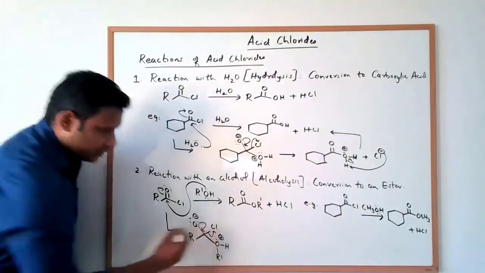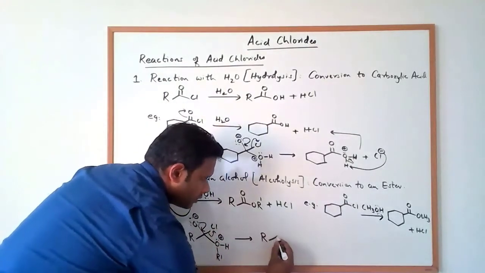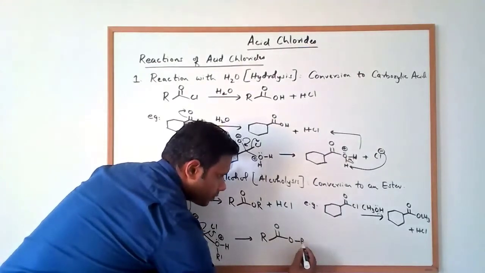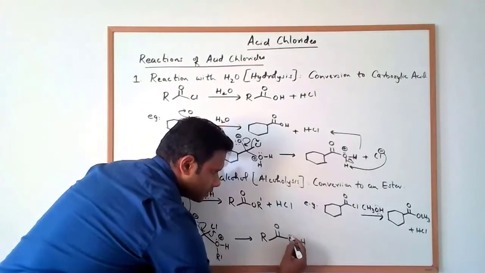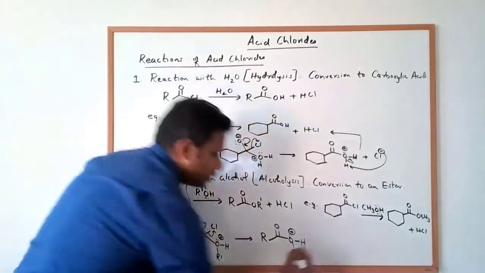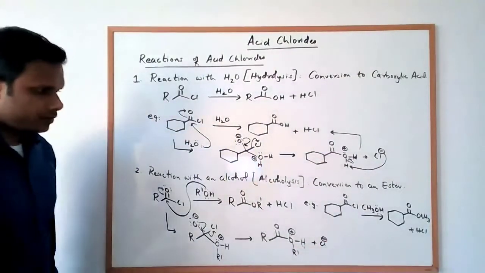The chloride gets kicked out to give us a protonated ester intermediate, along with the chloride ion.